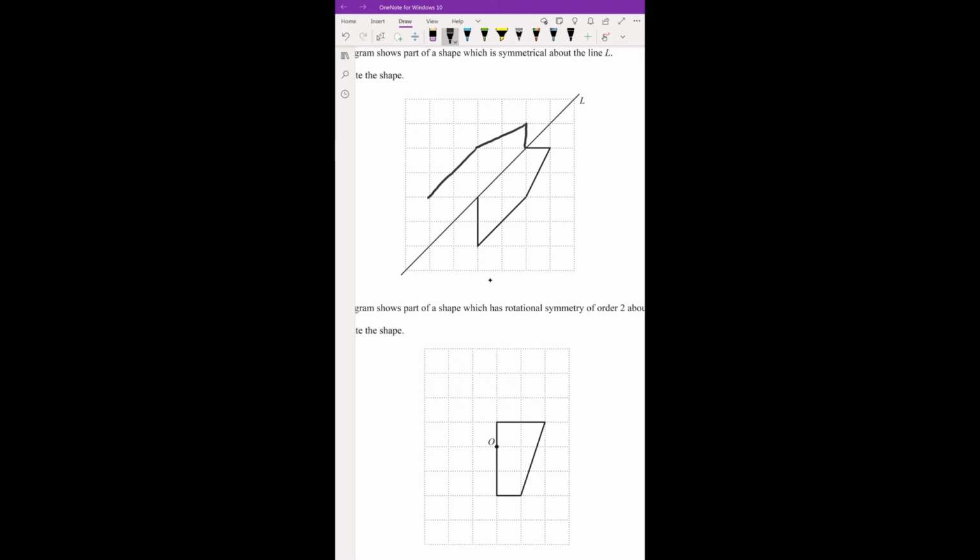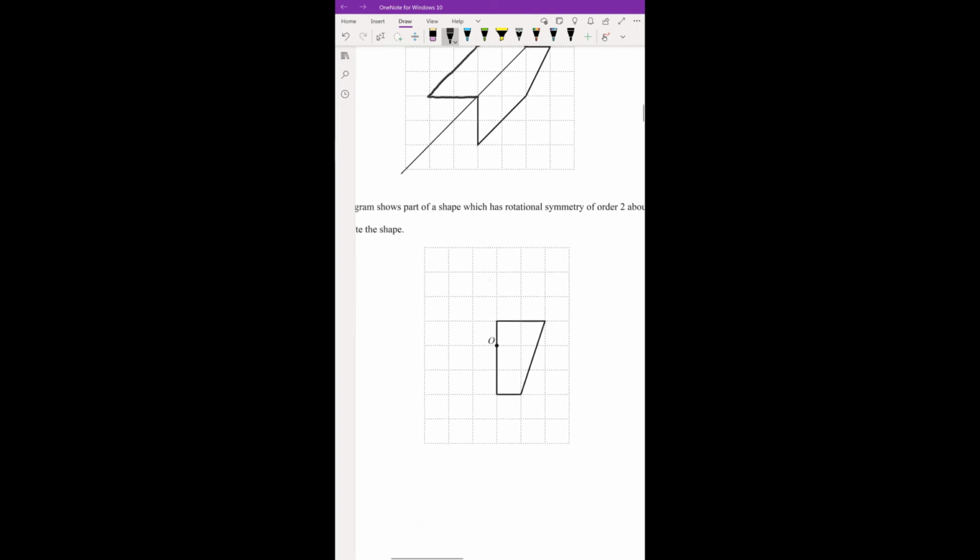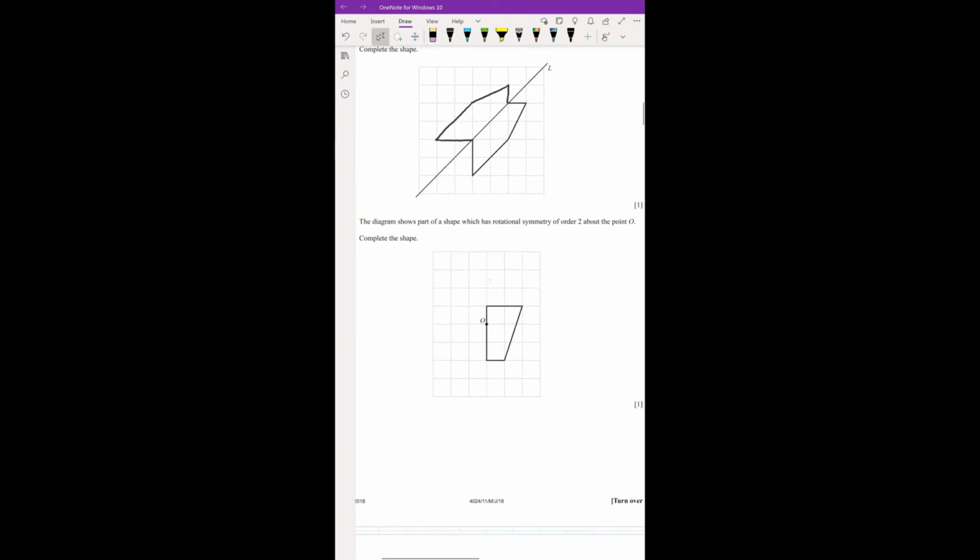And finally, the last portion will be drawn. It will be a horizontal part which will connect this figure. So this is how the diagram is completed. And you can see that the diagram is still symmetric about this line L, and the line is still the line of symmetry for this question.